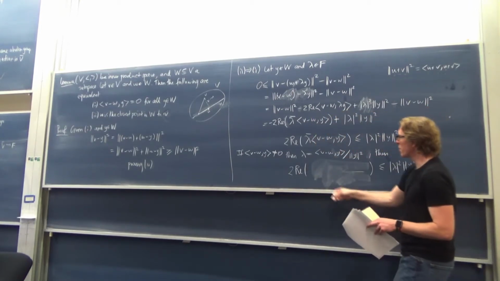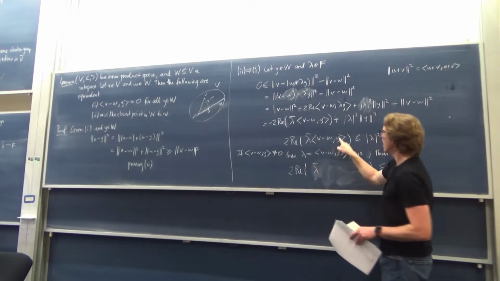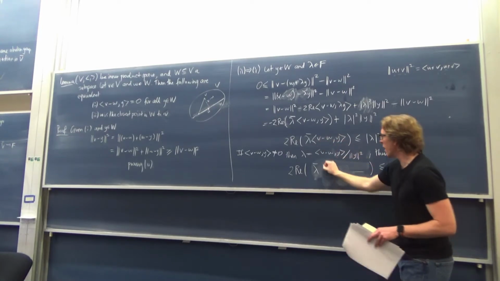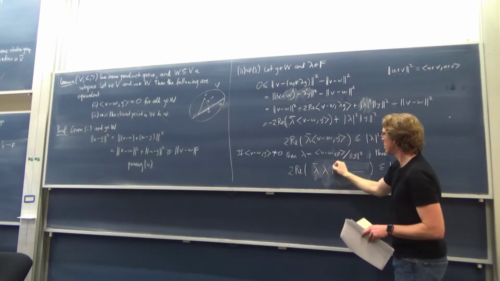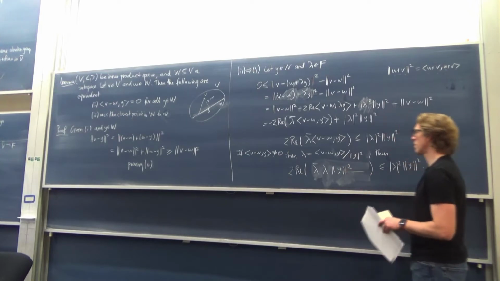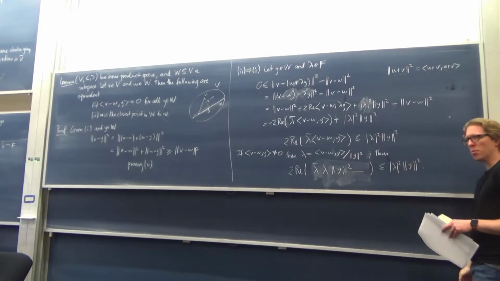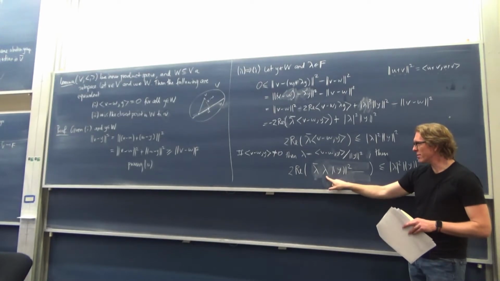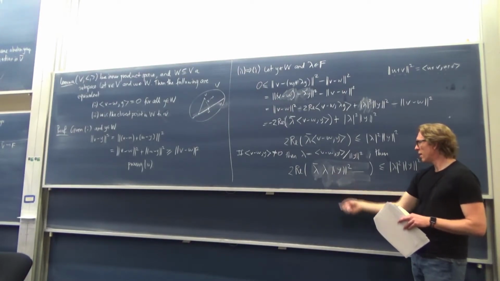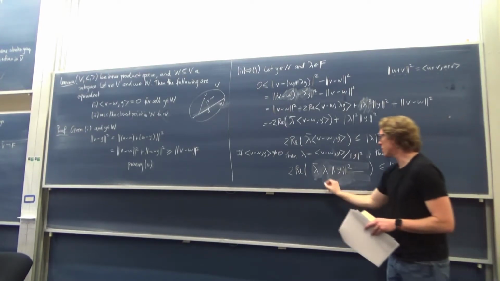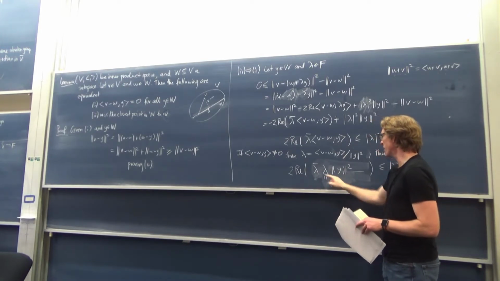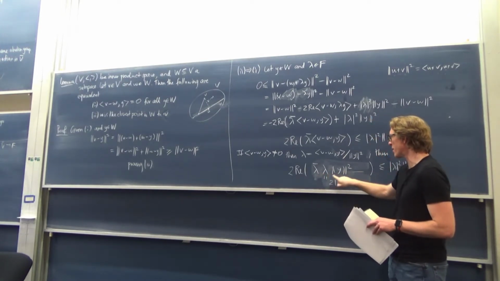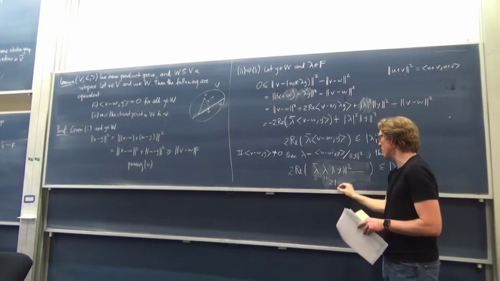All right, so let me keep the lambda bar and rewrite this pairing as lambda times the norm of y squared. Well, that's clearly a problem. Right? Lambda bar times lambda is the modulus of lambda squared, which is real, so I can get rid of the real part.